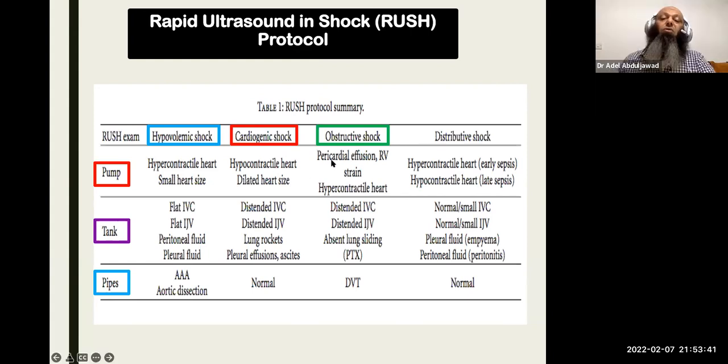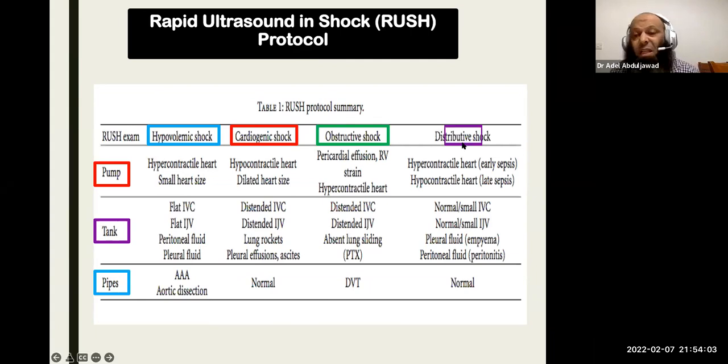So you assess the tamponade, you assess the PE, you assess the pneumothorax as the main causes of obstructive shock. If you move down to the pipes, for example in PE, you have to assess the femoral vein and the popliteal vein, to assess if there is DVT present or not.